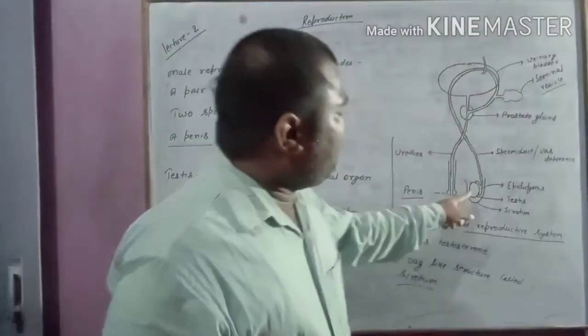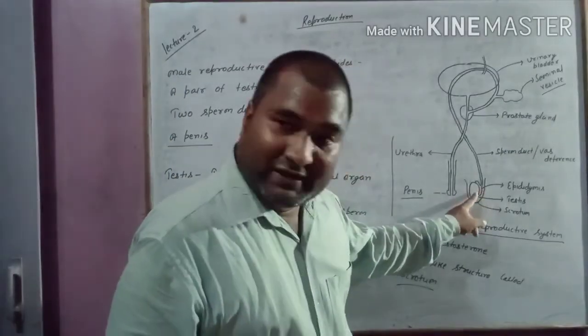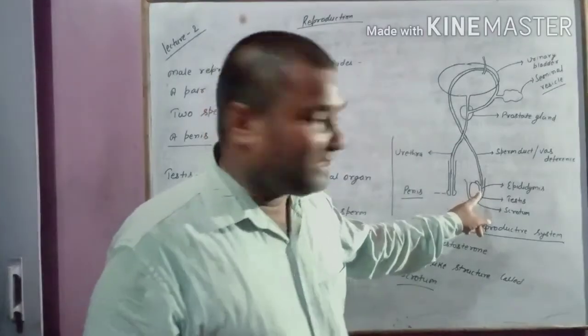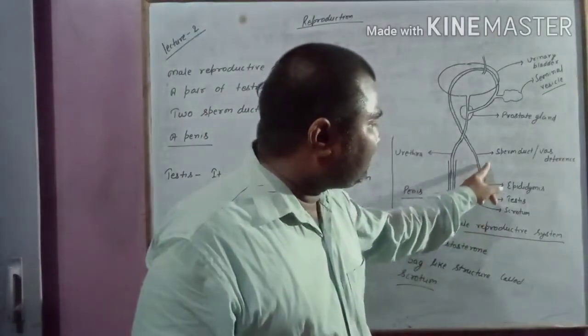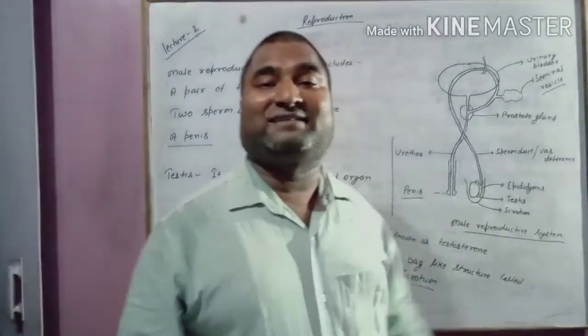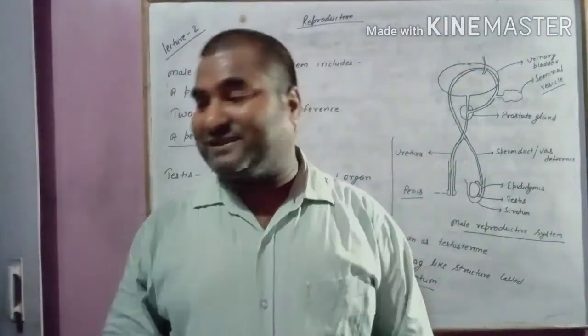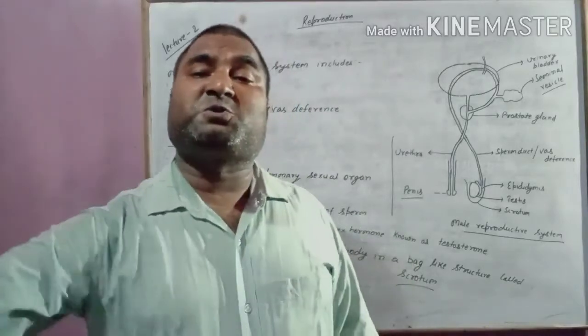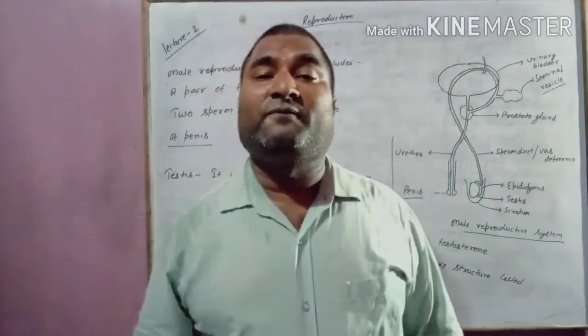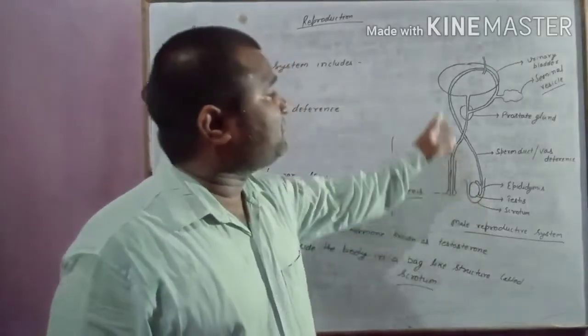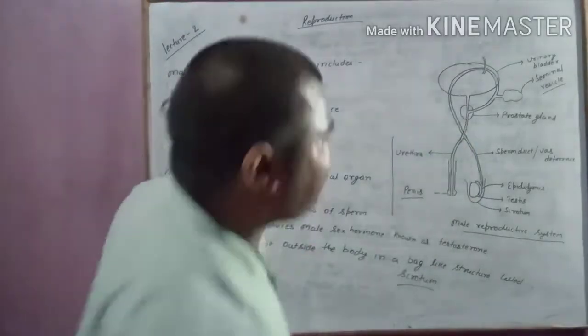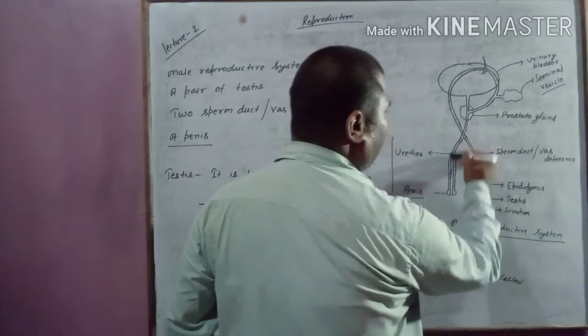Okay, and the sperm that is produced here travels through this sperm duct or vas deferens. The sperm duct or vas deferens is used to carry sperm from the testis to the urethra. This structure is called urethra.